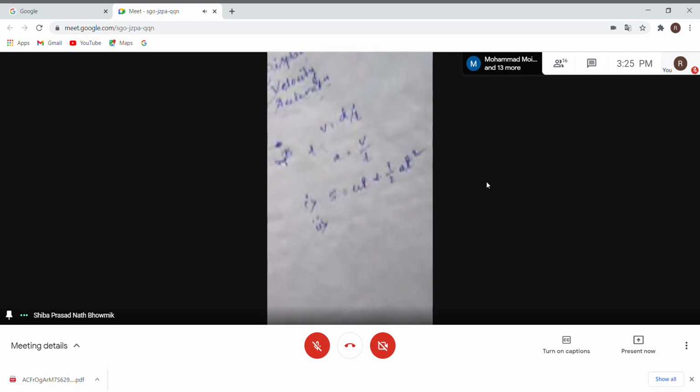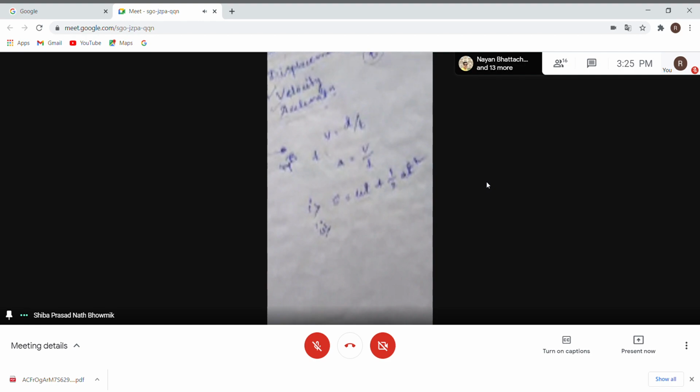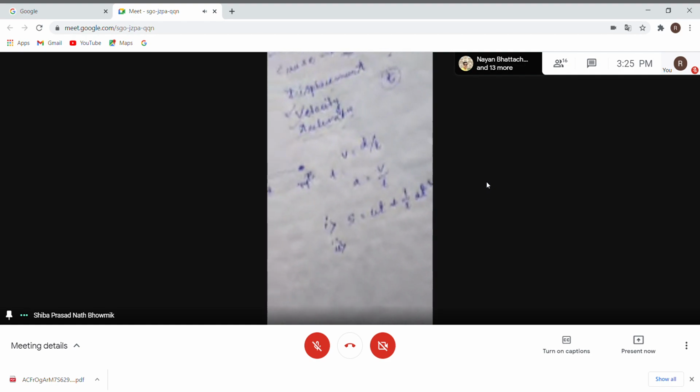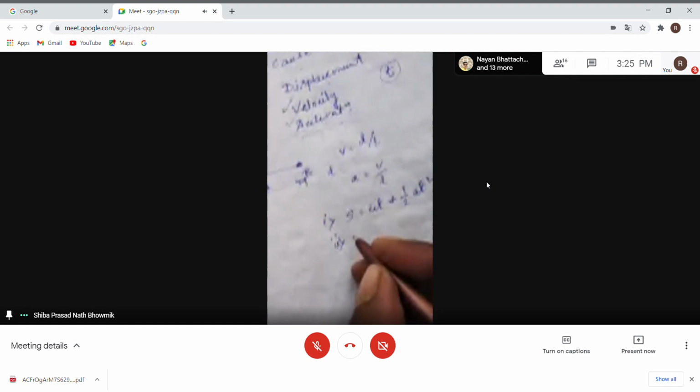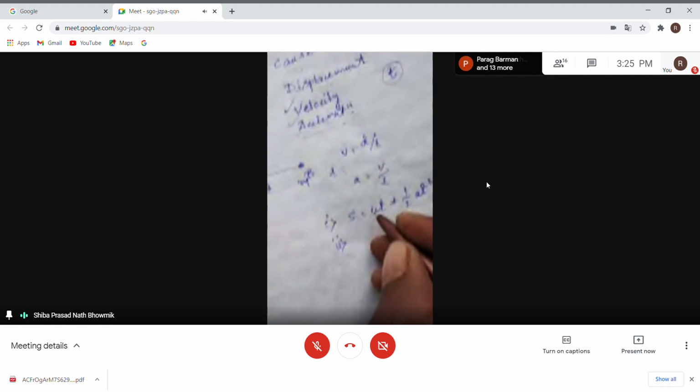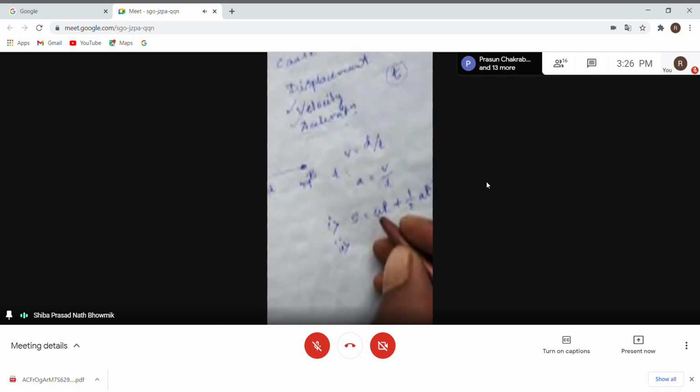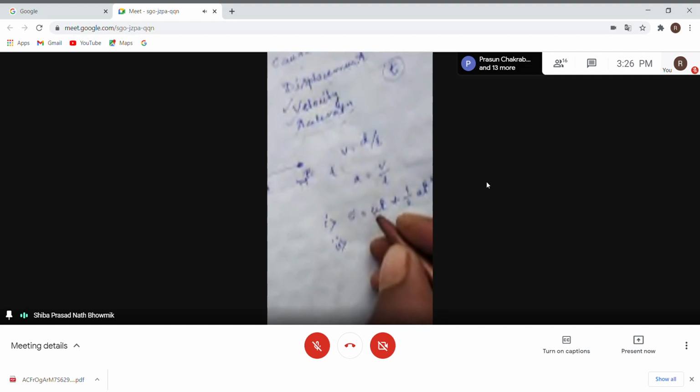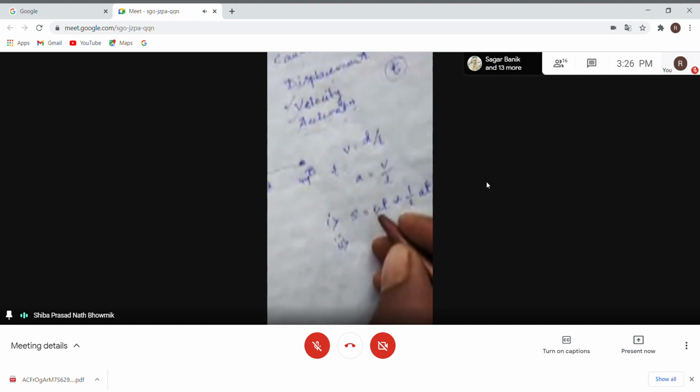Next, u square equals v square... No, we are considering u as the initial velocity, and v is the final velocity. For the sake of simplicity, we are considering that the initial velocity is always less than the final velocity.